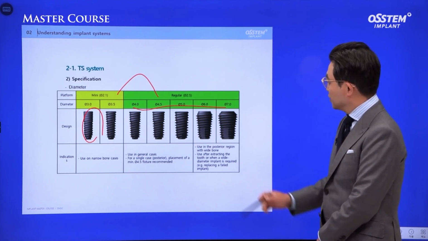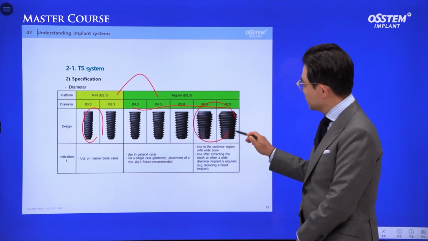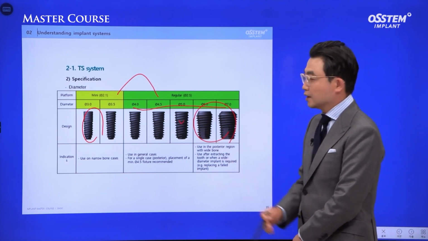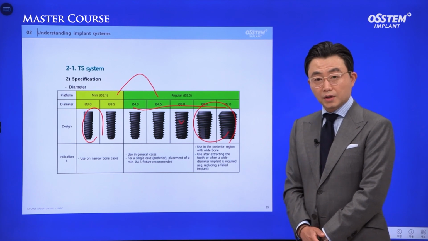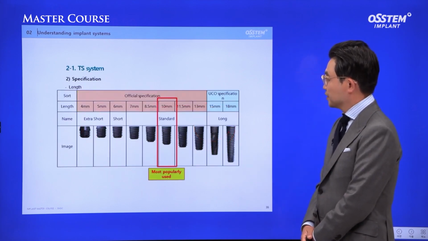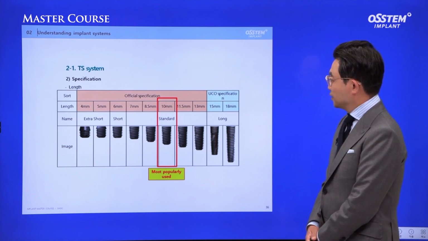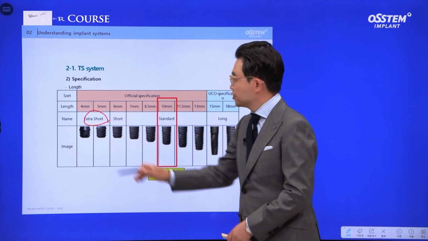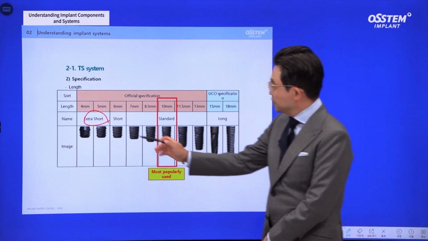The 6.0 and 7.0 are not implants that are used routinely. With 5.0, if there is a failure and it's not very stable, then you opt for the bigger ones. In terms of length, more recently, extra short has also become available.